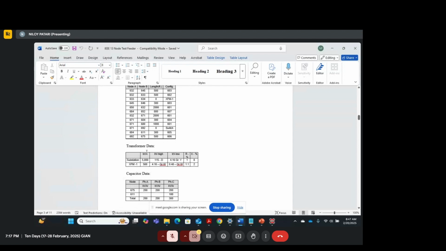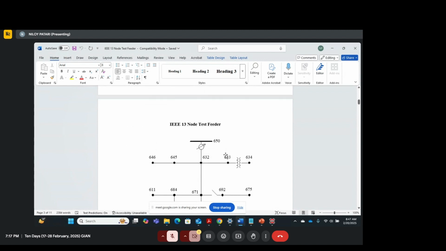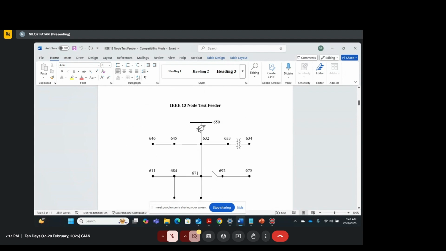Then you have transformer data. Transformer data means there is a substation. So there are two transformers, right? One transformer is at the substation, which brings that voltage down to 4.16 kV or some other voltage, and there is another transformer between 633 and 634.